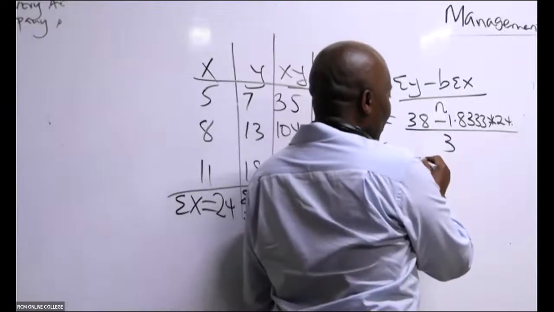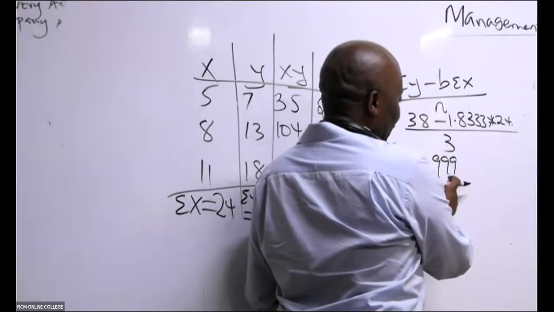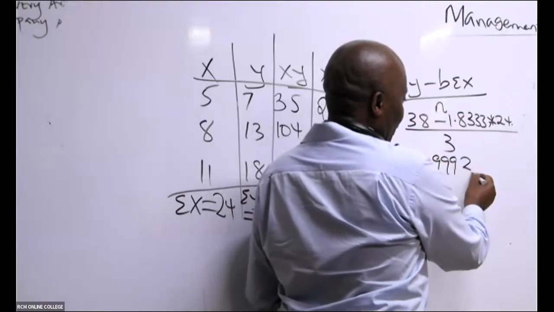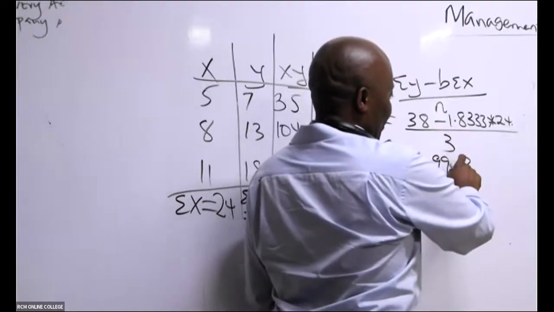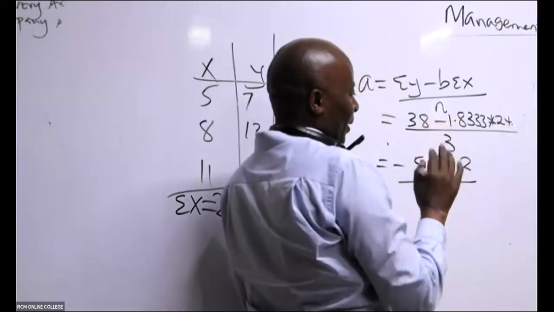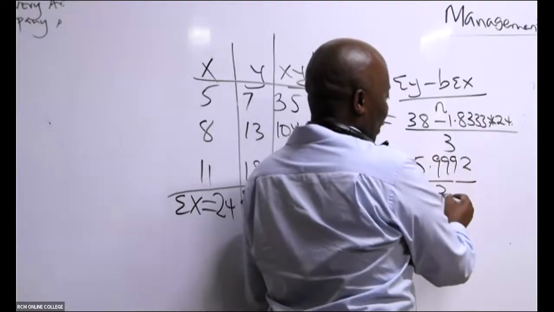Negative 5.99, and there are 3 of them... 999 and then 2 over 3.